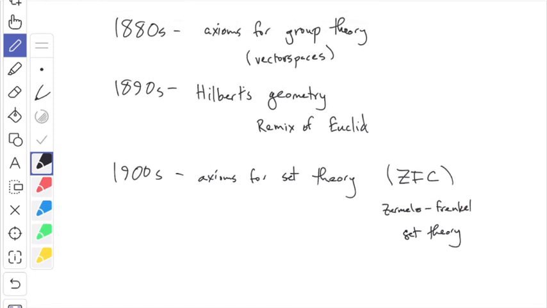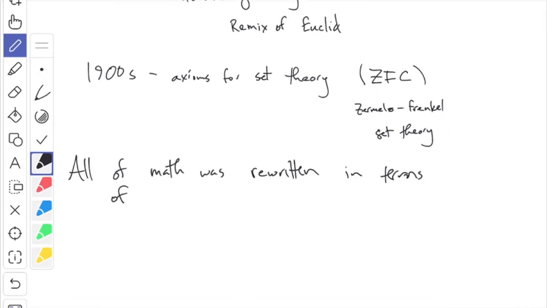And the idea at the beginning of the 20th century was that all of math was rewritten in terms of axioms and proofs based on set theory. This is why, if you ever try to read very old mathematics, it looks totally different from the way we talk about things now.